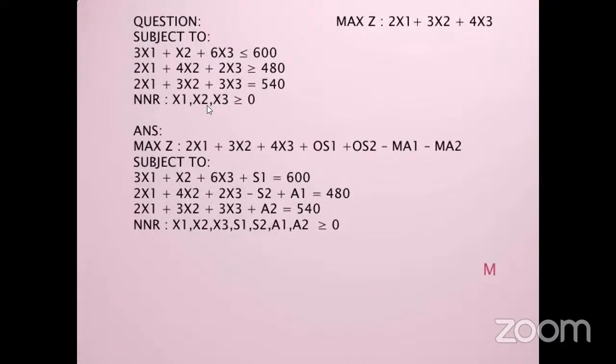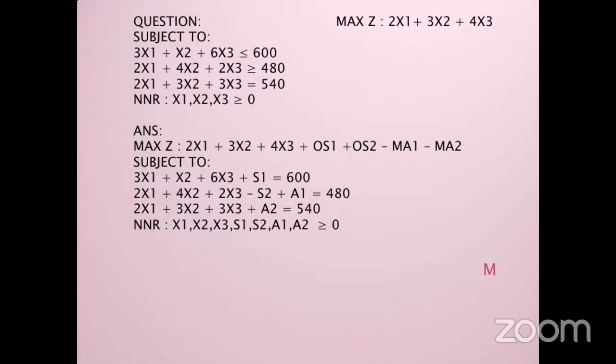This is an example to convert a normal LPP question into the simplex method, converting all types of equations. The question is: maximize z equals 2x1 plus 3x2 plus 4x3.